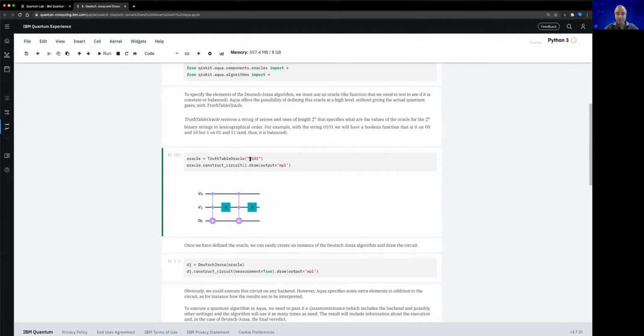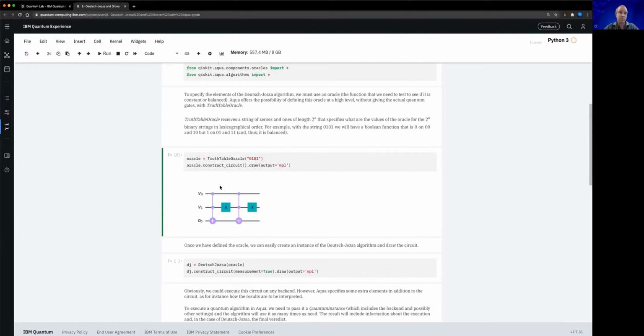So we have four possible strings and then four possible outputs. And this is the output for input 0, 0. This is the output for input 0, 1. This is the output for input 1, 0. And this is the output for input 1, 1. Okay. And of course, this is a balanced function. We are going to use first a balanced function and then a constant function.